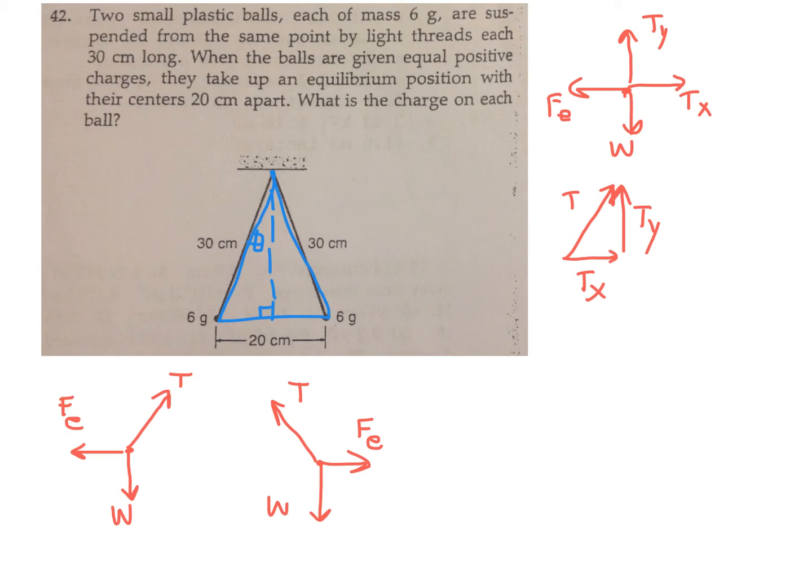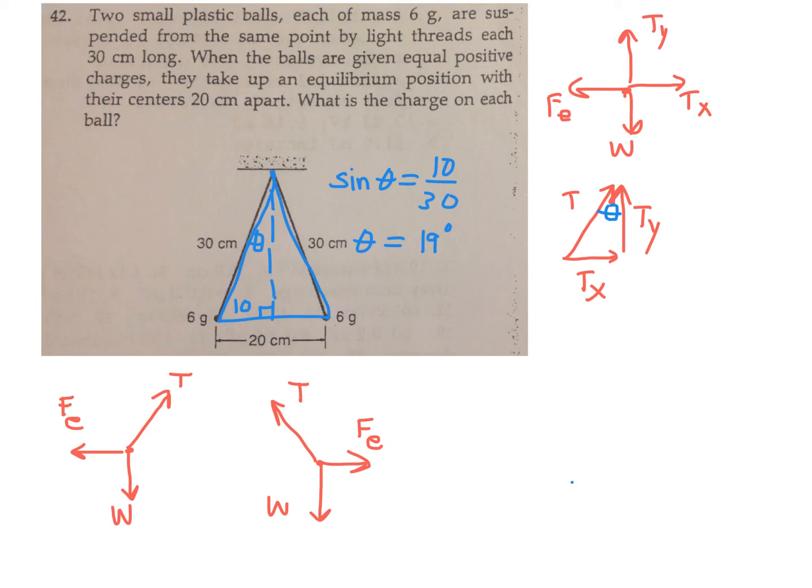And if I look at this blue triangle, this inside here is 10 centimeters, which is half of 20. In other words, sine of theta will be 10 over 30. So I go to my calculator, theta comes out to be 19 degrees, which is also the angle in this vector diagram over here, that angle, which is very important, theta. So I know that theta now is 19 degrees.